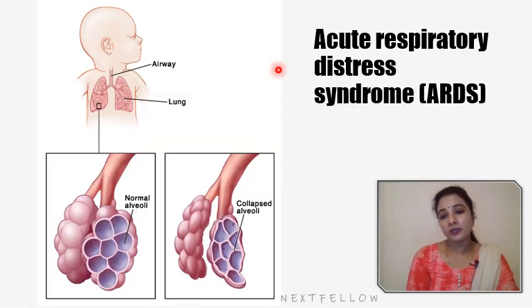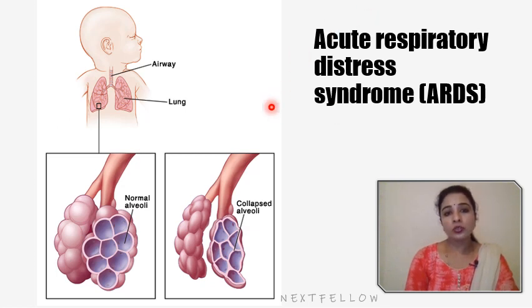So let's see some congenital anomalies. Acute respiratory distress syndrome occurs when fluid builds up in the tiny elastic air sacs in the lungs, and this condition is common in premature infants.